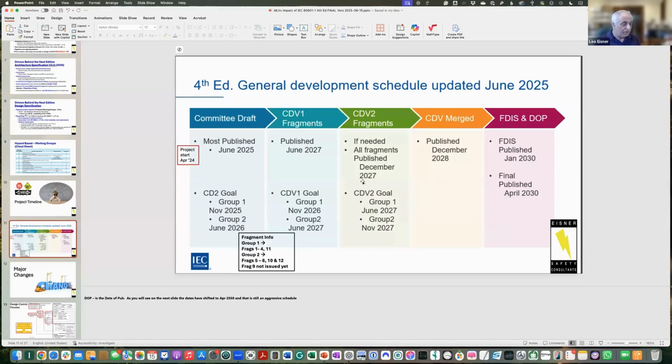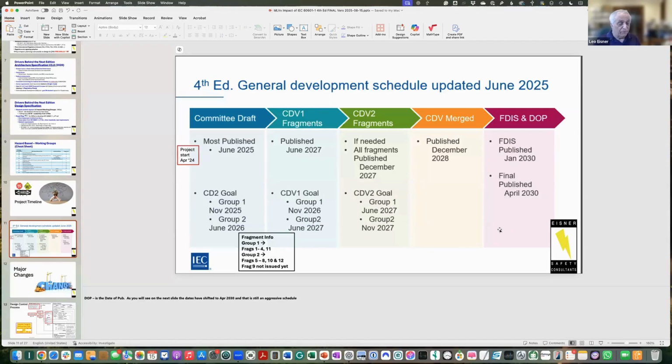So that year between December 27 to 28 is going to be a really intense year. And then we move on to having the final draft international standard and then publishing it several months later.